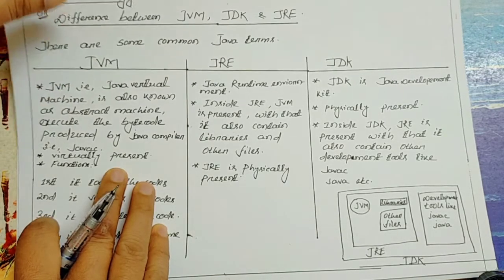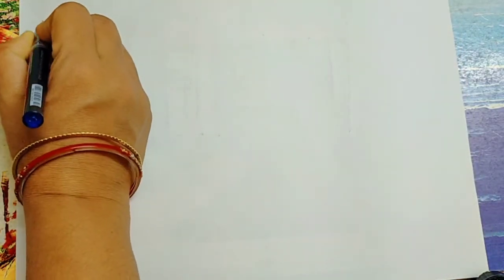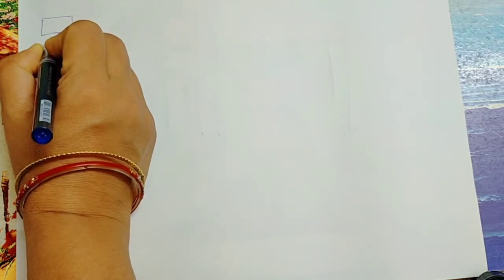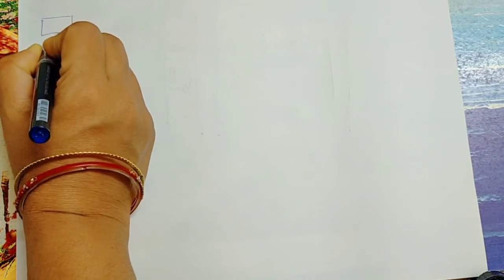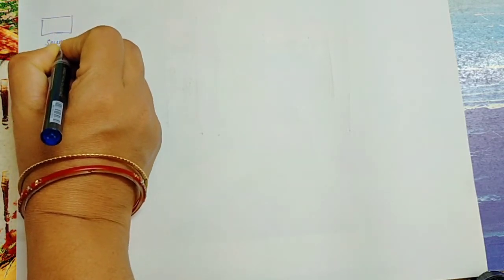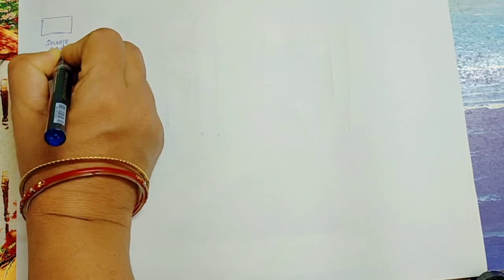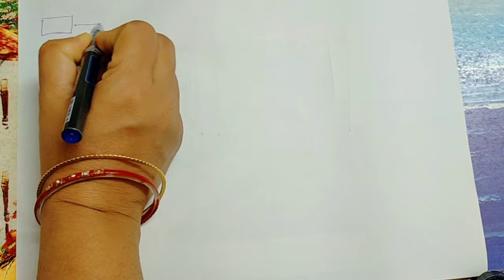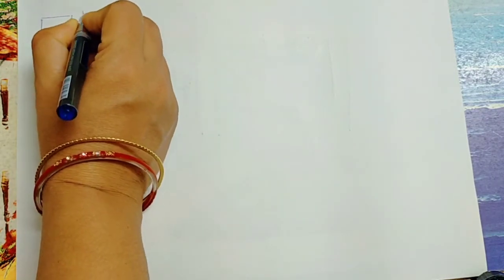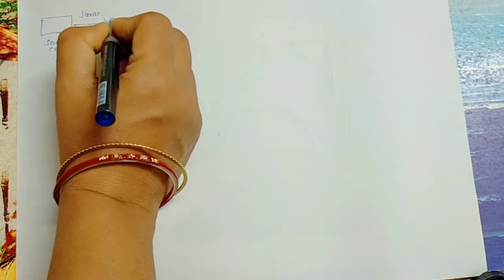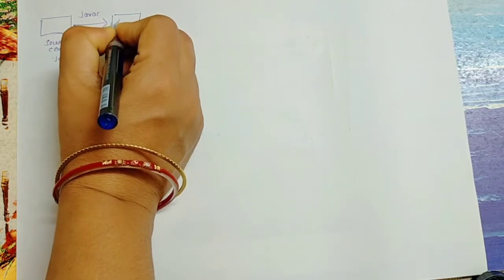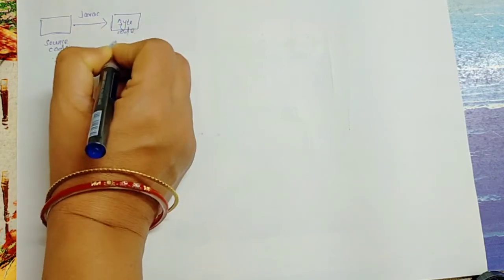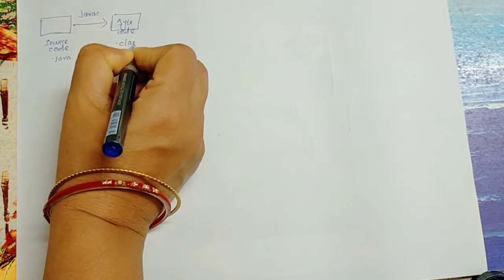Now, once I have written a program, that is your Java program, this is known as your Java code or source code. It is saved as .java. It is compiled by the Java compiler, that is javac, and produces the bytecode, saved as .class.